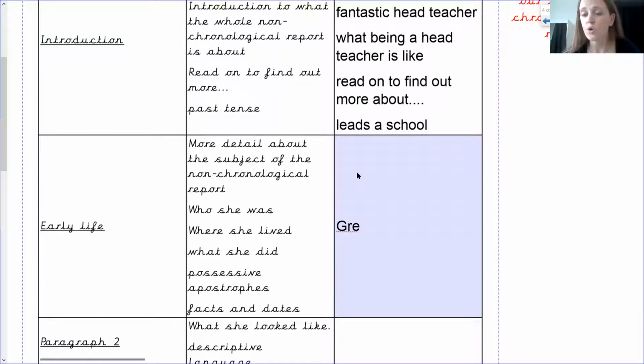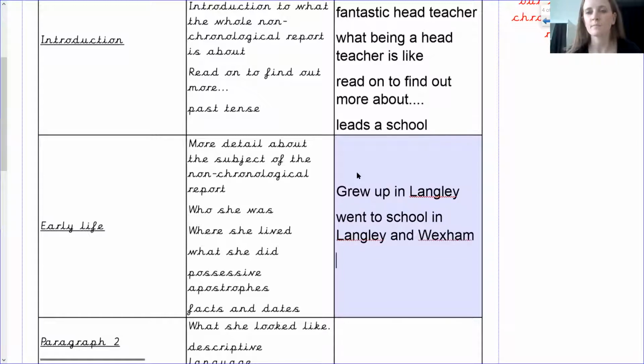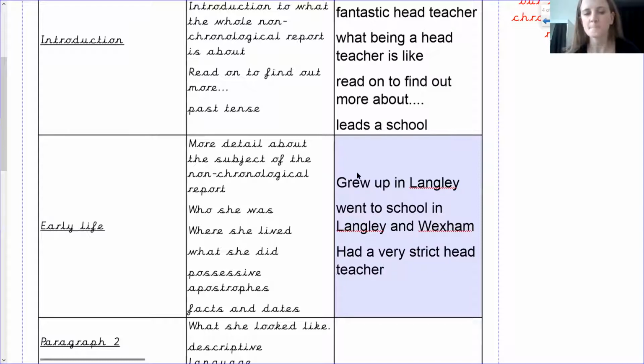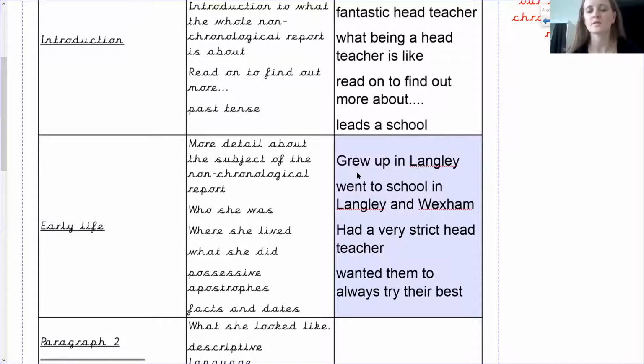Remember, it's just points that you can then turn into full sentences. So grew up in Langley, went to school in Langley and Wexham, had a very strict head teacher who wanted them to always try their best.